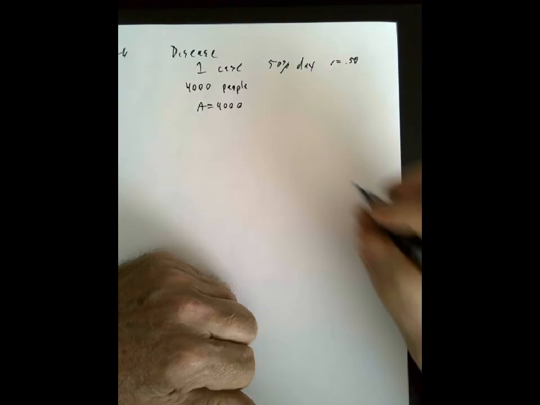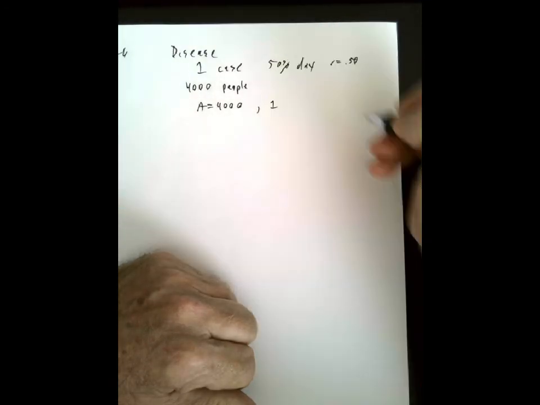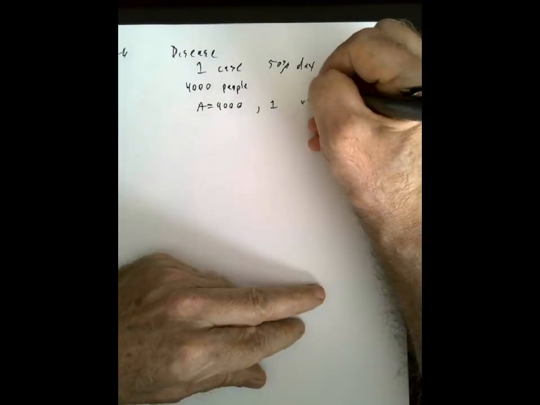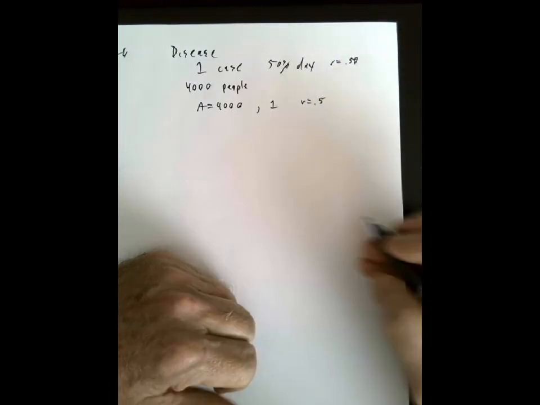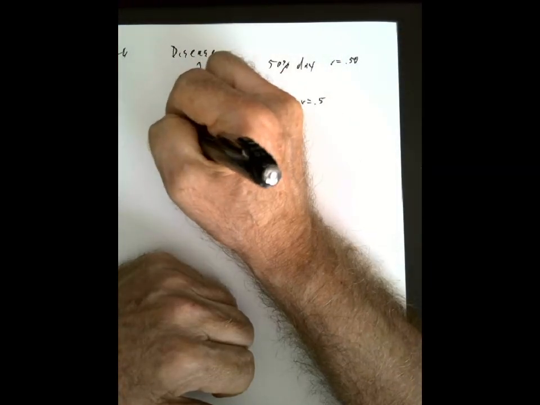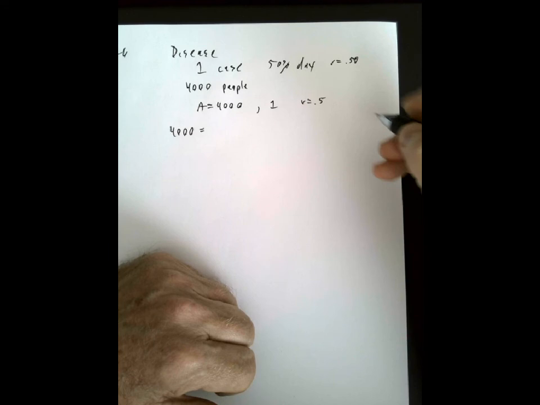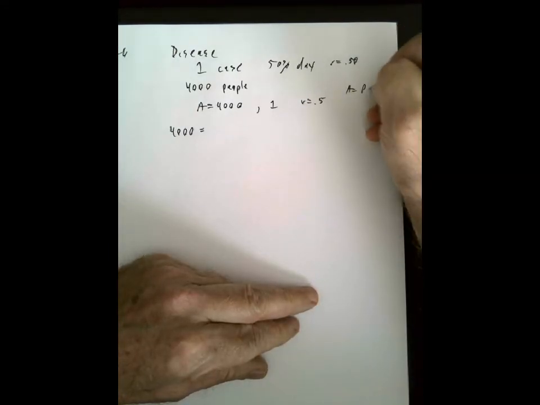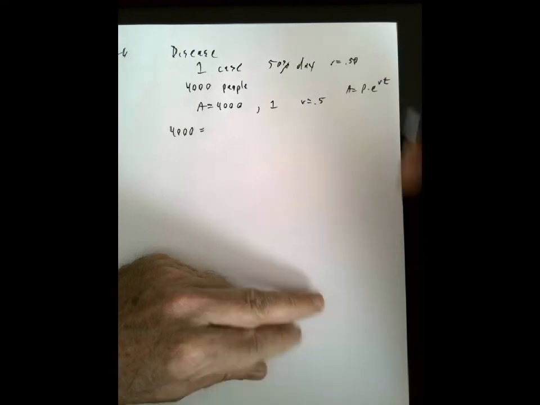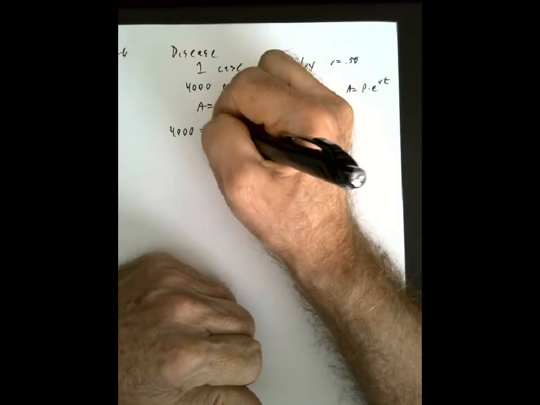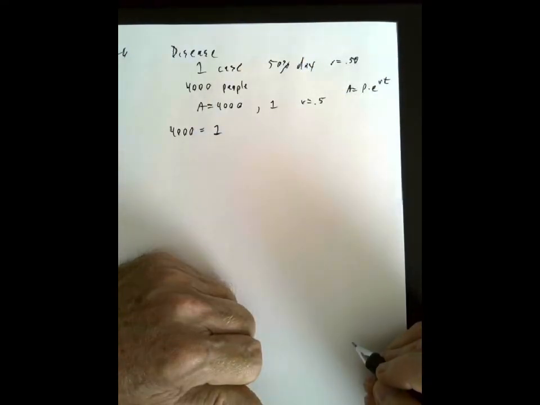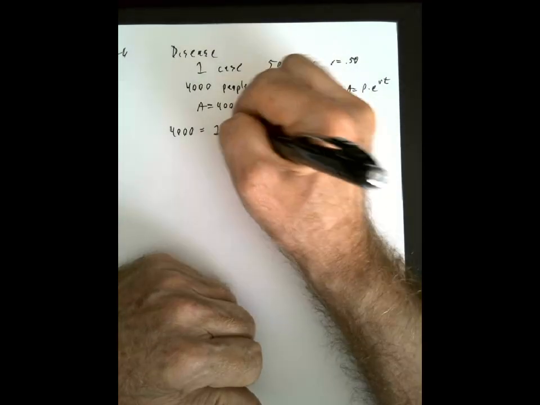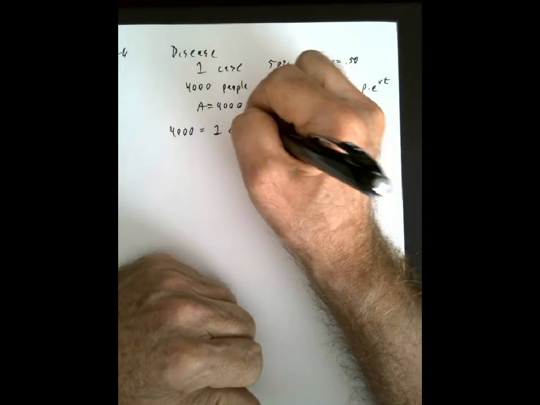The initial is 1, and then r, as I have there, is 0.5. So now we put that in, 4,000. And we're using the same formula here. Remember, it's going to be A is equal to P times e to the rt. So that's going to be 1 times e to the 0.5t.